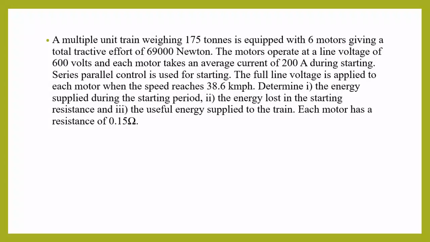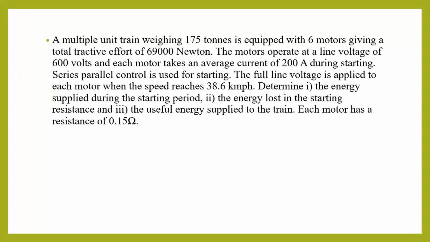Next problem. A multiple unit train weighing 175 tons is equipped with 6 motors giving a total tractive effort of 69,000 newtons. The motors operate at a line voltage of 600 volts, and each motor takes an average current of 200 amps during starting.